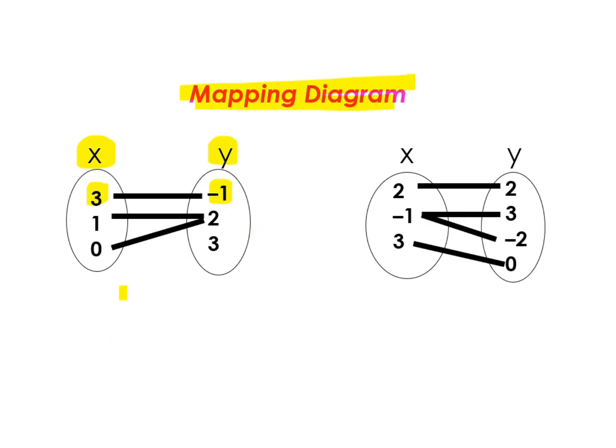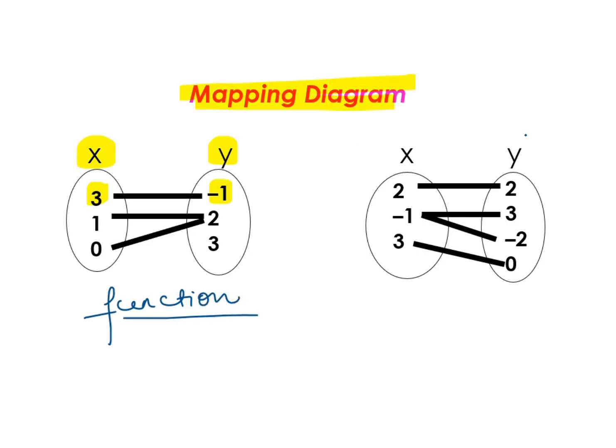The first case is a function because each x value has only one y value. 1 corresponds to only 2, and 0 corresponds to only 2. So the first case is a function.